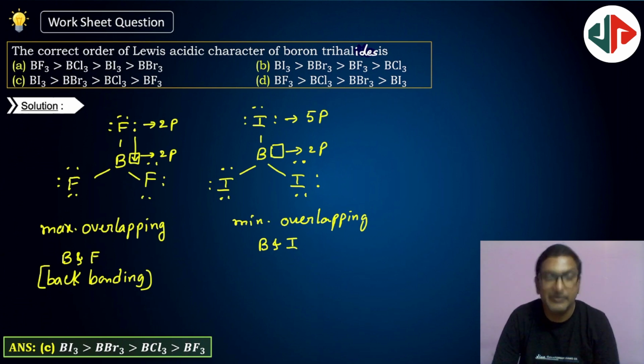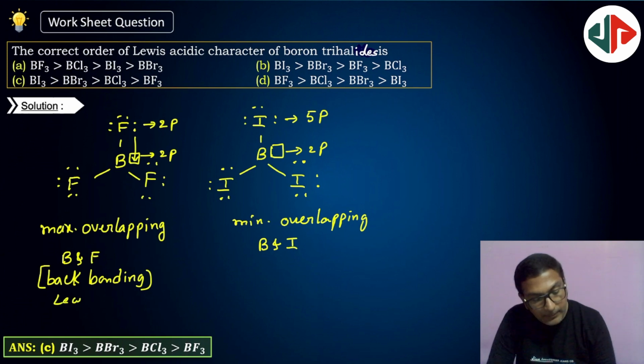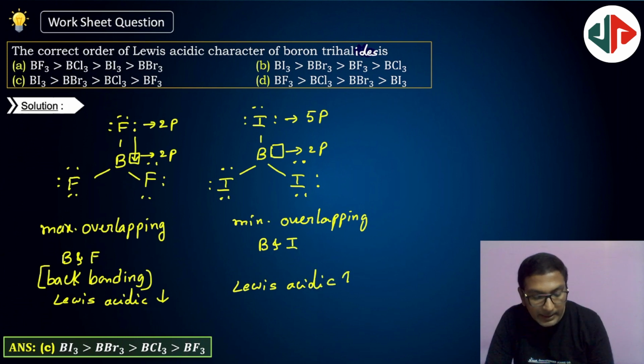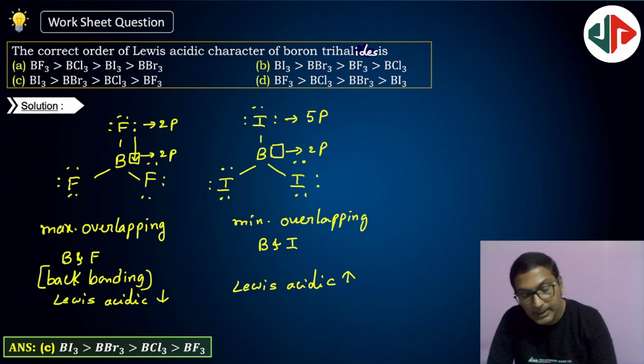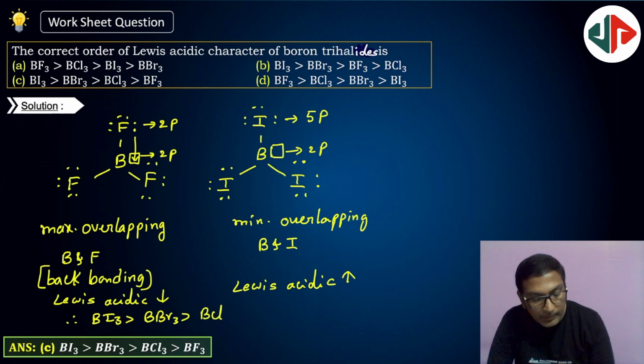Therefore, Lewis acidic nature decreases here, and here Lewis acidic nature increases. Therefore, the order will be first BI3, next BBr3, BCl3 and BF3.